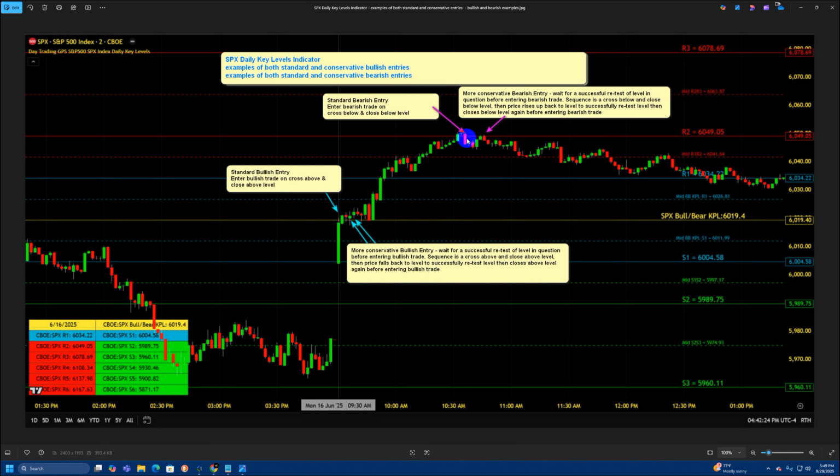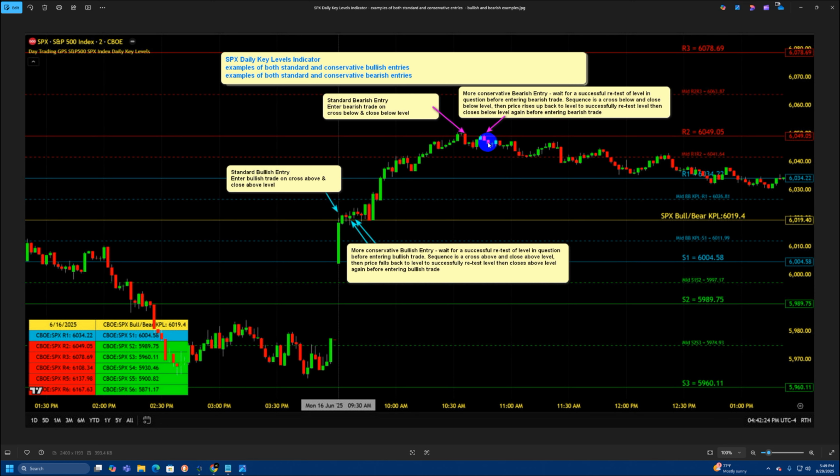In this sequence, we have a close below candle. Then price rises back up to test the level in question and then closes below that level again. That's a successful retest of the level.